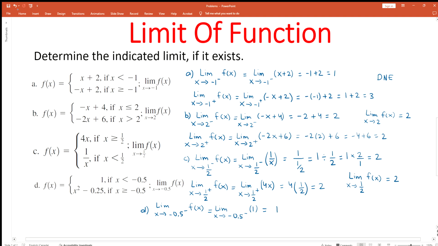Now we can find the value of the right-hand limit. We should put a small plus sign on negative 0.5. For the right-hand limit, we should use the function x squared minus 0.25. Now we can apply the limit. We should sub in x as negative 0.5.